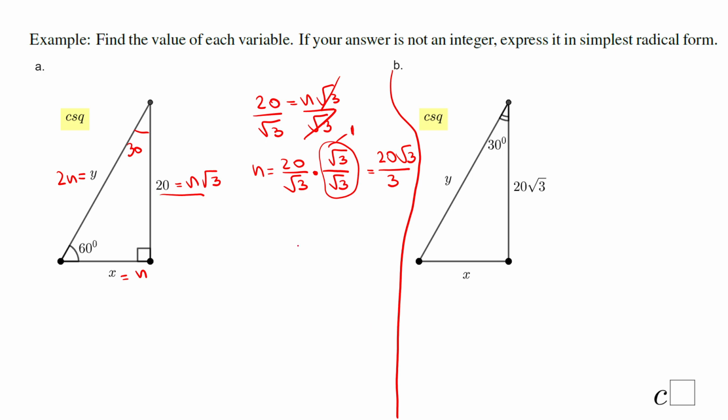Okay, so now we have n, so we can move and find x. X, again, if you take a look in my picture, is nothing else than n, so it's 20 square root of 3 over 3.